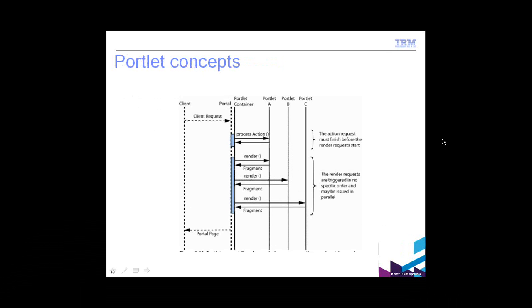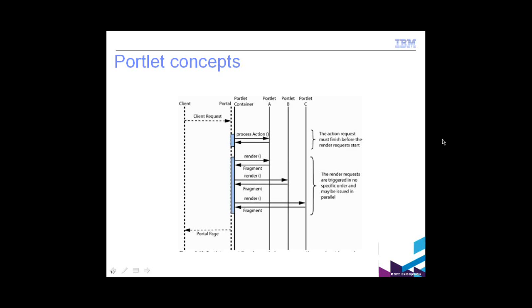Okay, a very quick look at the portlet concepts. What you're looking at is actually a sequence diagram, and this is a sequence diagram of submission. There is a difference in the way servlets behave and in the way portlets behave when a submission takes place. So I'd like you to pay close attention to this.